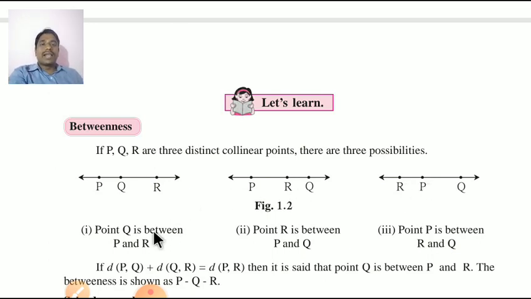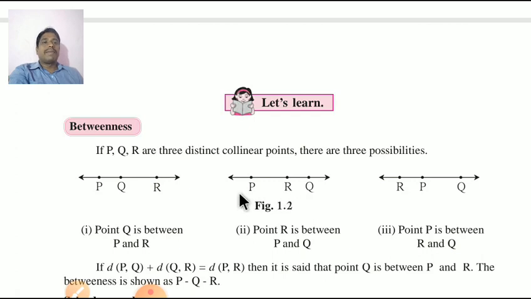In this way we can write, in the first example, Q is between P and R. And how to write the betweenness: distance PQ plus distance QR is equal to distance PR, and it is denoted as P-Q-R. In the second example, distance PR plus distance RQ is equal to distance PQ.